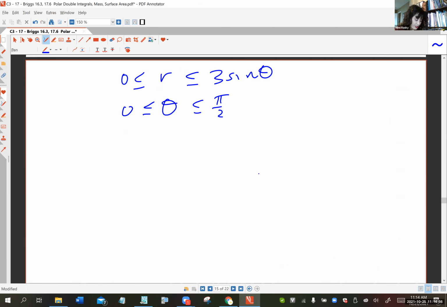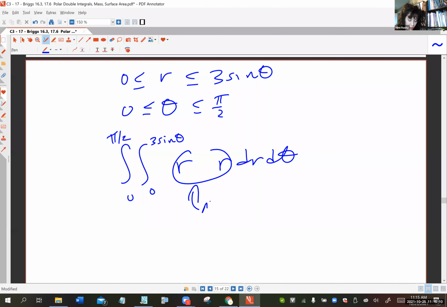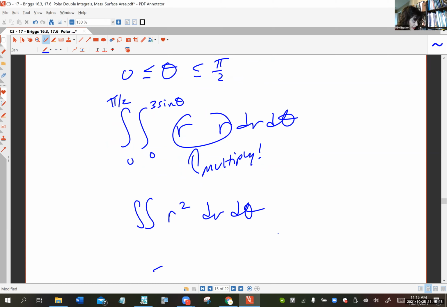So when I convert this to polar, the square root of x squared plus y squared is just r, and then the area element is r dr d theta, and then you want to multiply these r's together. That's not hard to get a single power of r. And now you can go ahead and integrate as usual.